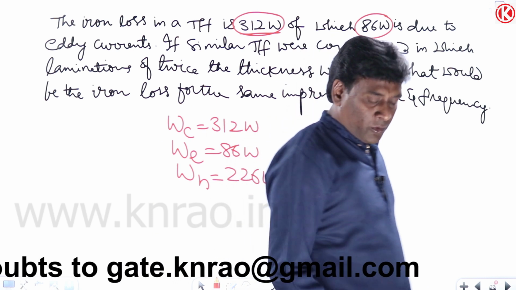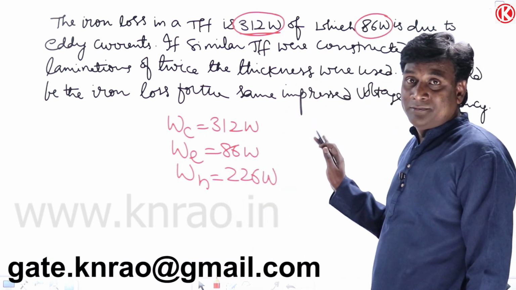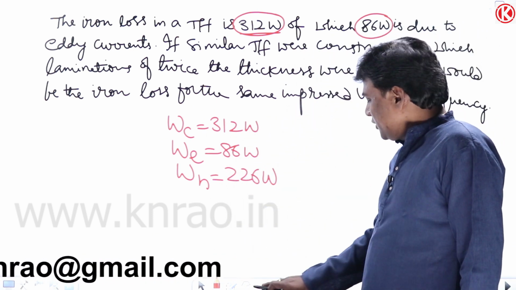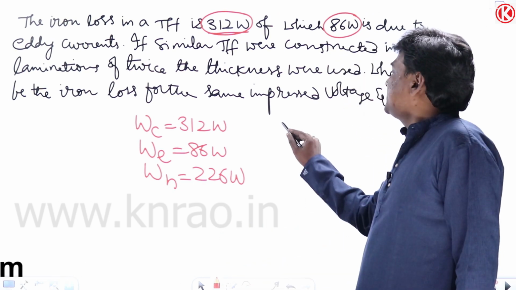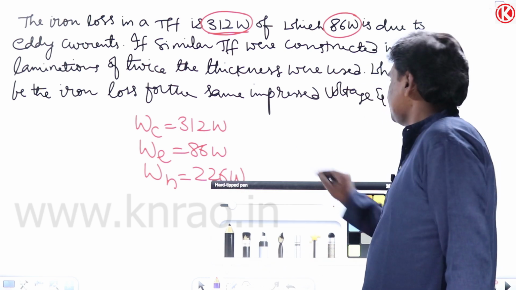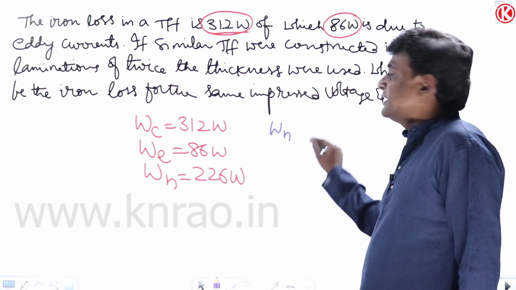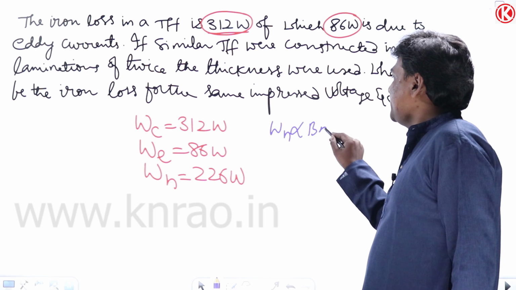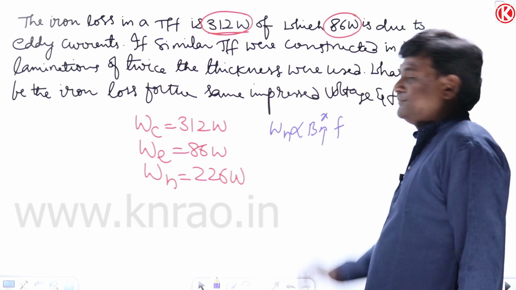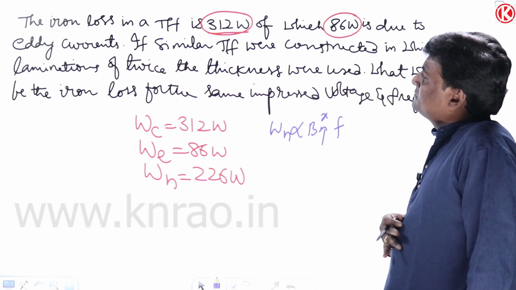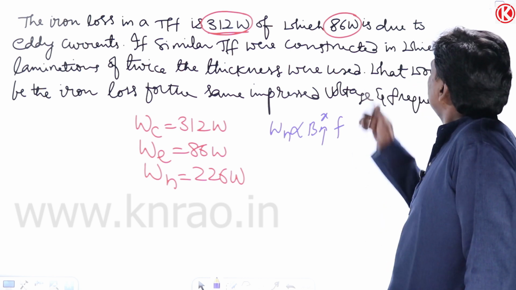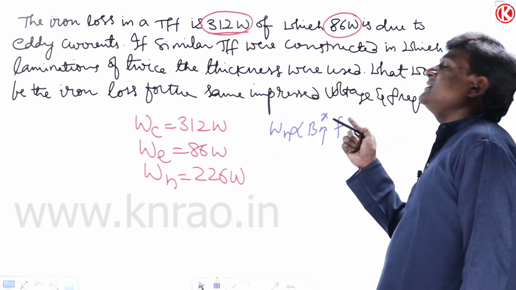Now for this design problem, if you think of hysteresis losses as operating engineer, directly proportional to Bmax to the power of x into f. Now how much is Bmax here? Bmax here means transformer constructed with laminations of twice the thickness.